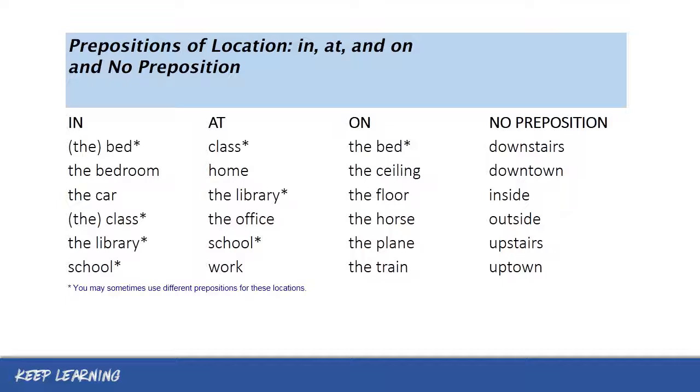You don't say I am at downstairs, or on downstairs, or in downstairs. You say I am downstairs, right? Or I am downtown, the center of the city. I am inside. You don't say I am in inside, because that's redundant. Outside, or upstairs, or uptown. Uptown is the part of the city where the people live, and downtown is the part of the city where the people work. Right? Got it? They don't need a preposition.